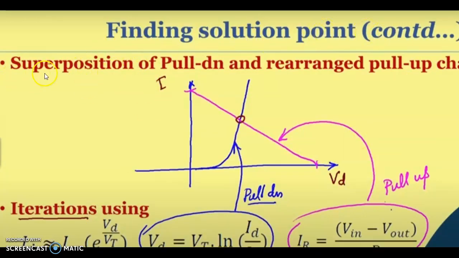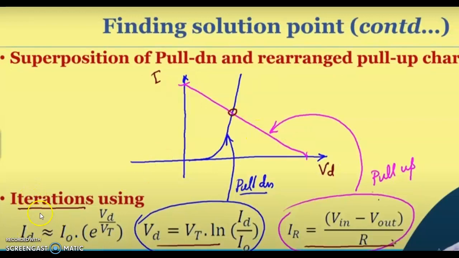Finding the solution point can be named the superposition of pull down and rearranged pull up characteristics. In this iteration we use ID approximately equal to I naught into e power Vd by Vt, so Vd equals Vt ln of Id divided by I naught.